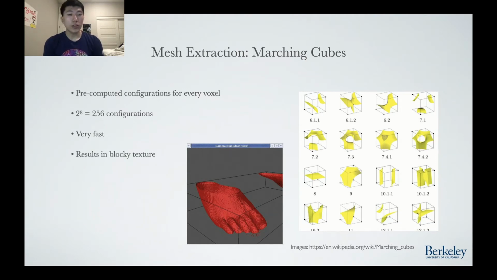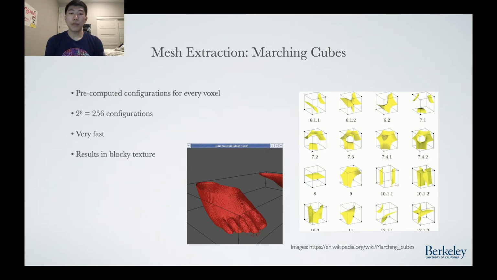For each voxel, calculate the plus-minus value of each vertex, where plus means outside an object and minus means inside an object, and perform a lookup based on the combination of the 8 vertices for the appropriate pre-computed mesh segment. There are only 2 to the power of 8 possible configurations for the vertices of a voxel, and many are rotations of others.